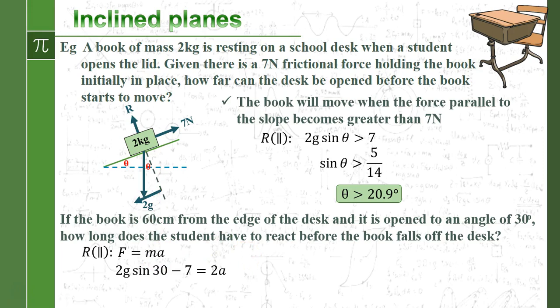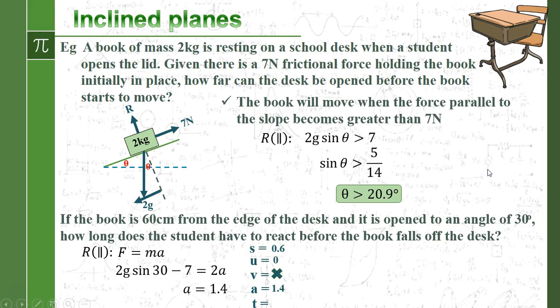So now all I've got to do is divide by 2, and so this book is going to accelerate at 1.4 meters per second squared. So now we're going to jump into a bit of SUVAT. Notice 60 centimeters has got to be written as 0.6 because our standard SI unit is meters, not centimeters. U is 0. V we're not worried about.